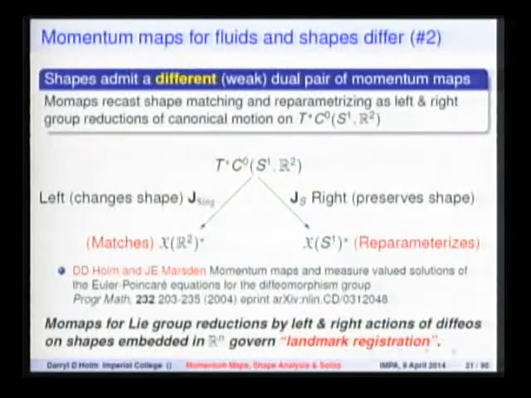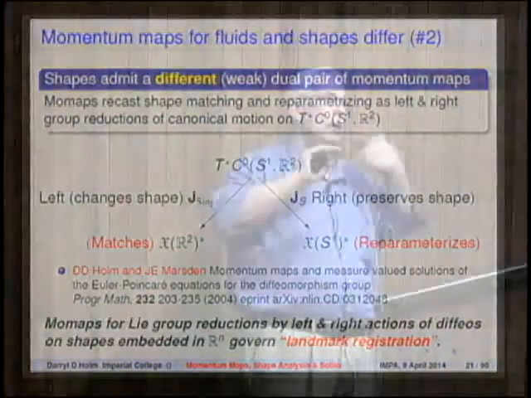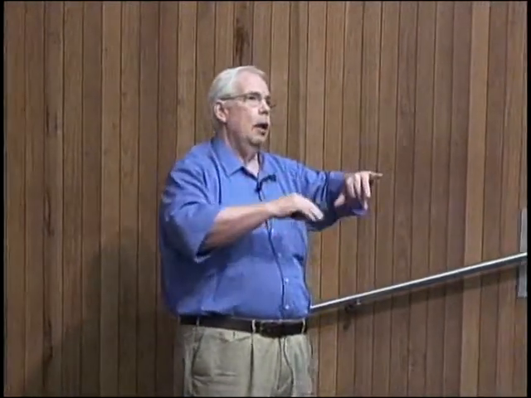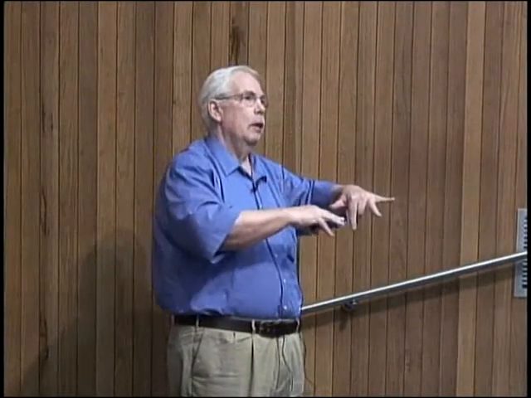Okay. So now the same thing happens on the left. The left action changes the shape. Think of a curve in R2, and when you act on R2, that part of the map bends the whole space around, and it carries the shape with it. So the embedding is like a Lagrangian curve, and when the flow of the volume changes, it changes the shape.